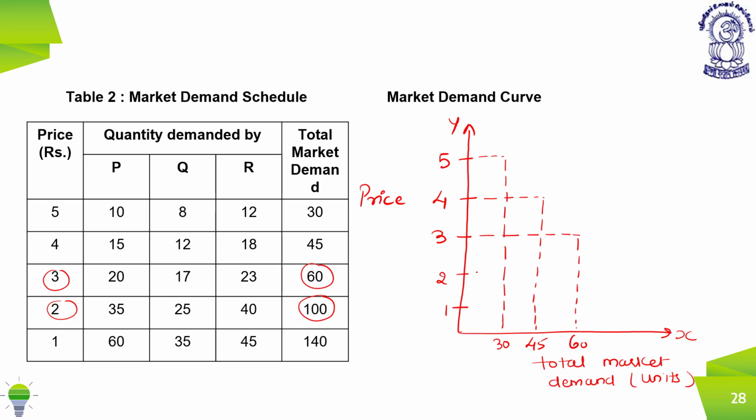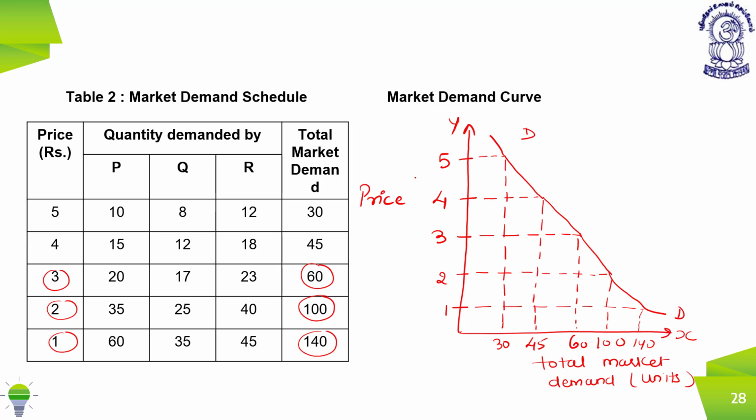At 2, it is 100. And at a price level of 1 rupee, it is 140. So if we join the lines, we'll get what? We'll get the market demand curve. This is DD.